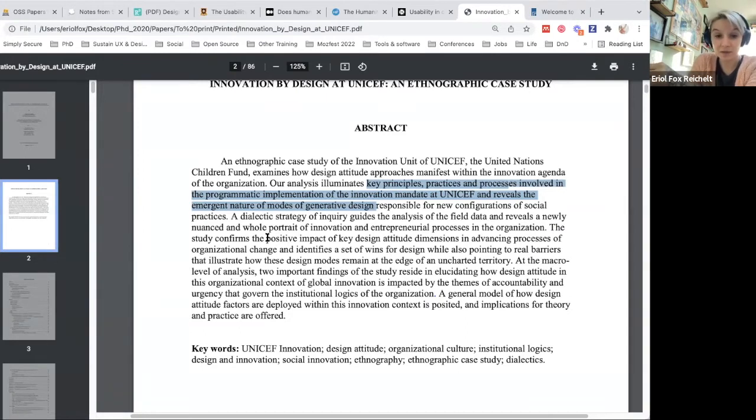There is also then the positive impact of key design attitude dimensions in advancing processes of organizational change, and it identifies a set of wins for design while pointing to the real barriers that illustrate how these design modes remain at the edge of uncharted territory.